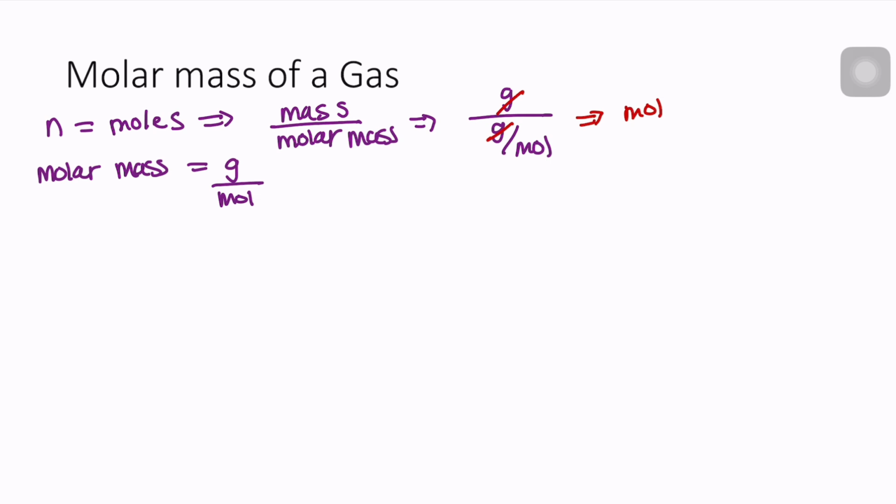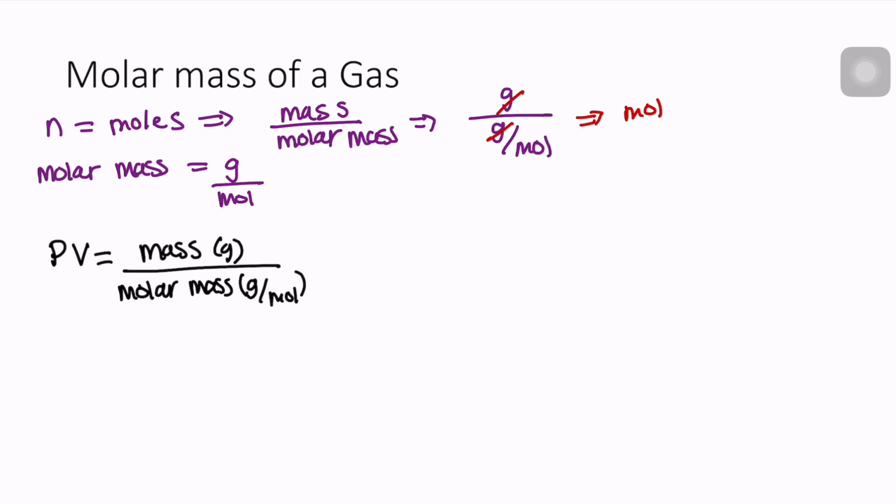So if we plug that in for our ideal gas law, we have PV is equal to mass in grams over molar mass in grams per mole, times RT. So all I did was take PV equals nRT and substitute mass over molar mass in for n.